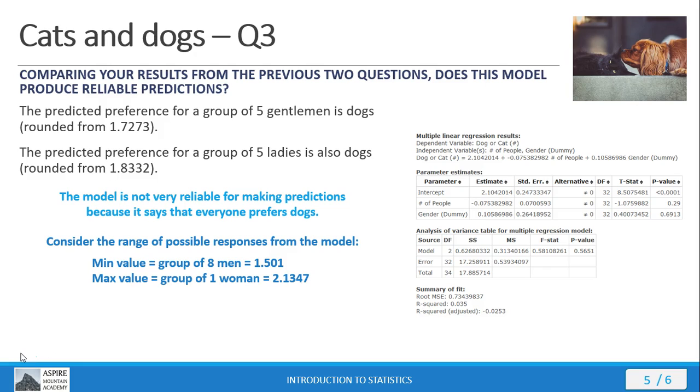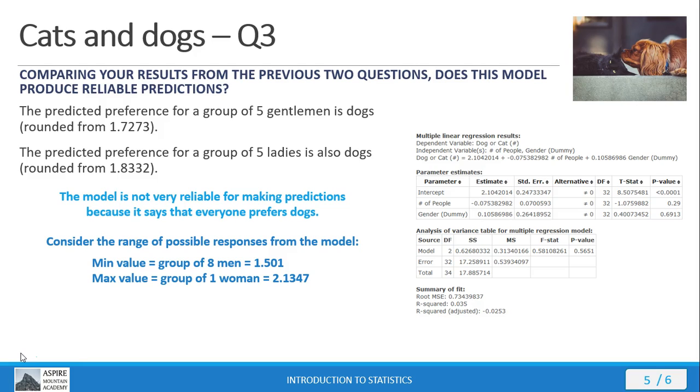So consider the range of possible responses from the model, okay? Let's say the minimum values that we could put into the model would be from a group of 8 men. Because from the way that the original problem was set up, the most you could have in a group would be 8 people. And since men were assigned the dummy value of 0, that means it's going to have the lower value for that variable.